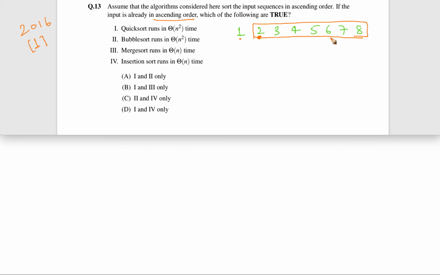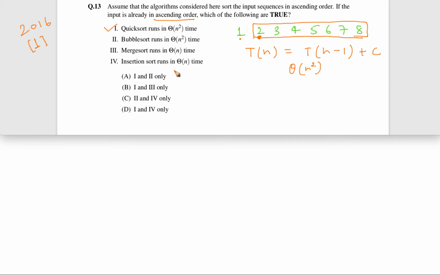But if the input is already sorted and we do something like that, then our recursive function will be something like this: T(n) is equal to T(n minus 1) plus c. Why? Because there is only one side we have to do recursion on, and that has n minus 1 elements. If we solve this, then this will come out to be theta n square. So this statement is correct.